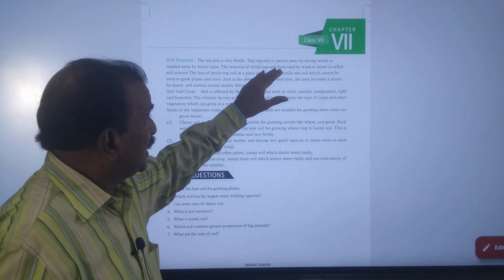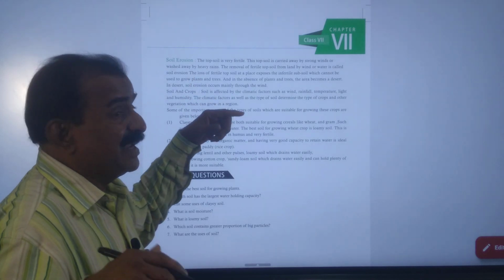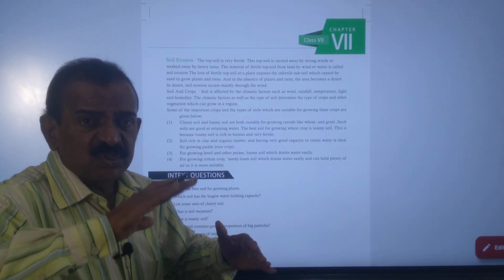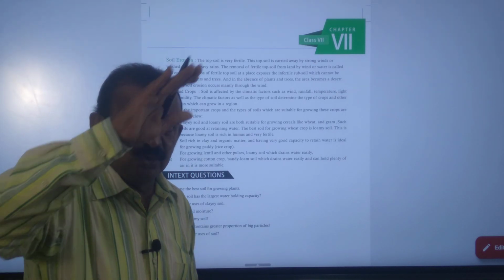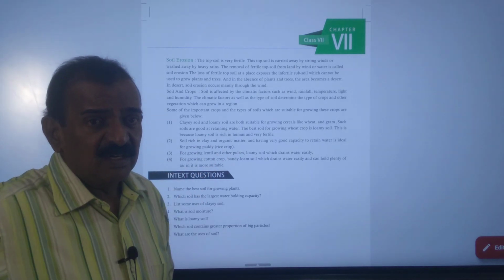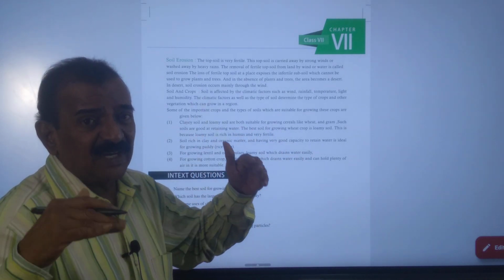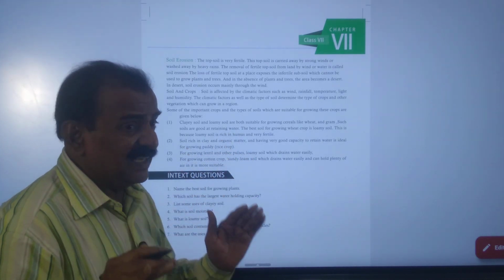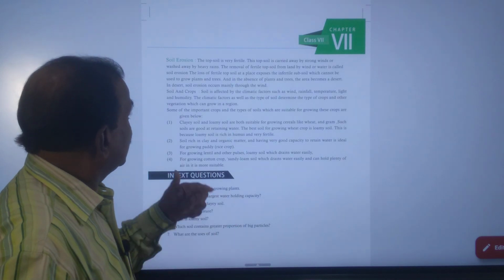And this top soil is carried away by strong winds or washed away by heavy rain. Sometimes strong winds blow away the topmost soil, and heavy rains also wash the top soil. In this way, removal of the fertile top soil takes place, and that is called soil erosion.